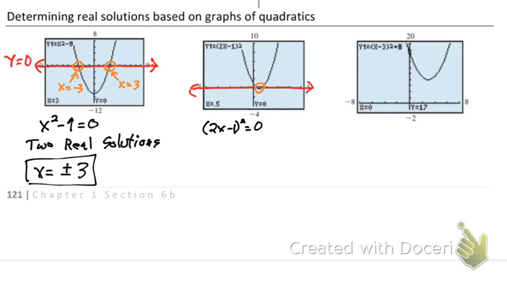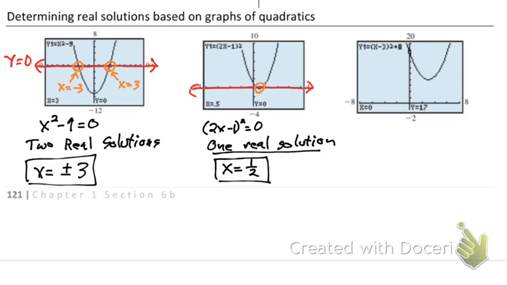It has a multiplicity of 1, but it only has one real solution. And that's where x equals 1. I'm sorry, not 1, but 1/2. I glanced at the graph too quick. Because that is halfway between them. I drew that red line over it, and it messes everything up.